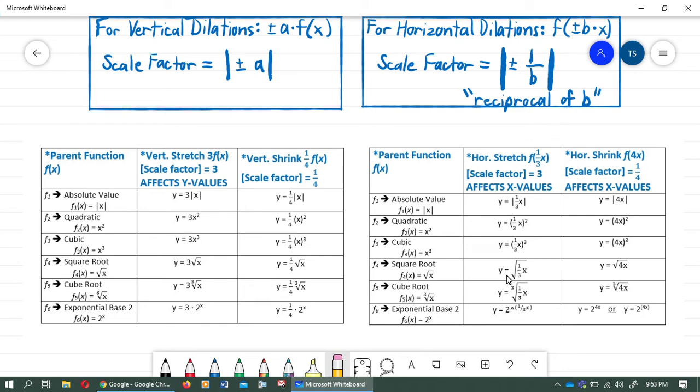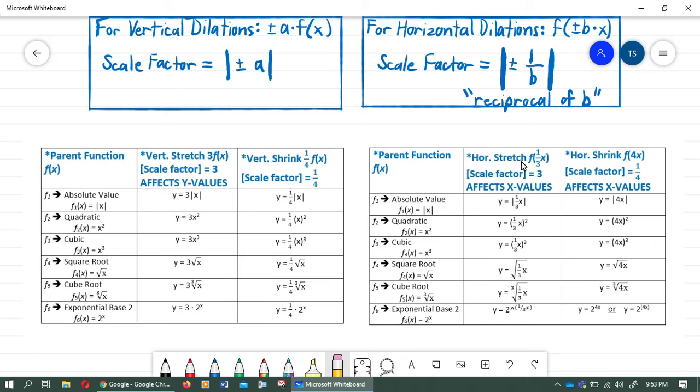For the horizontal dilations, guys, as you see here, the scale factor for horizontal dilations is counterintuitive. So for a horizontal stretch, look at the number being multiplied here. In these examples, I've got a 1/3 being multiplied on the inside of the function. Multiplying something times 1/3 is going to be a horizontal stretch.